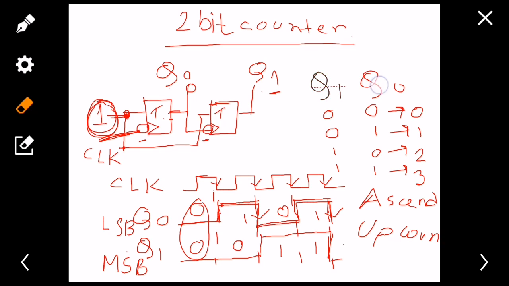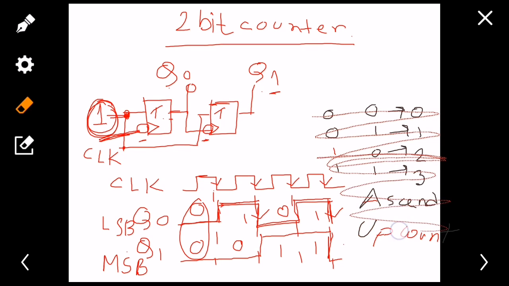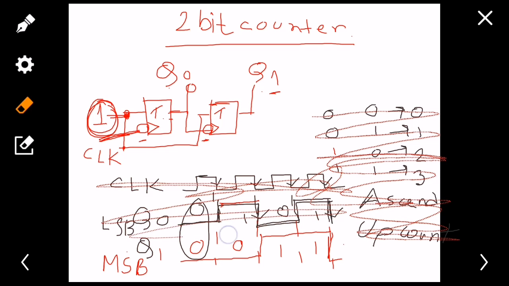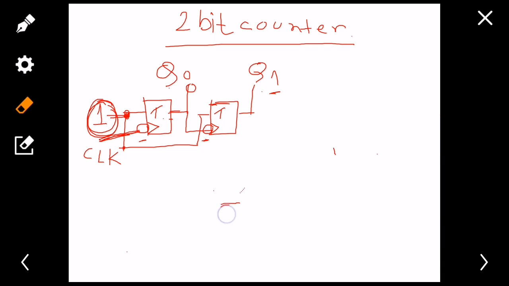So I erase all the things now. Our up counter, the ascending order counter, is done. Let me just give you a homework basically: how you are going to design a down counter. So that's the main thing.